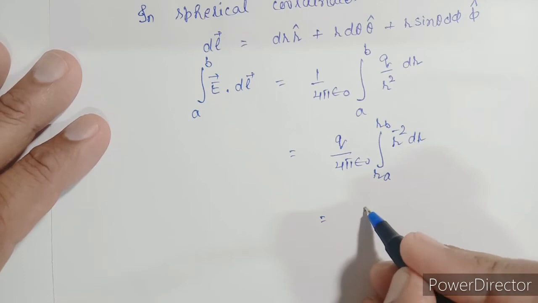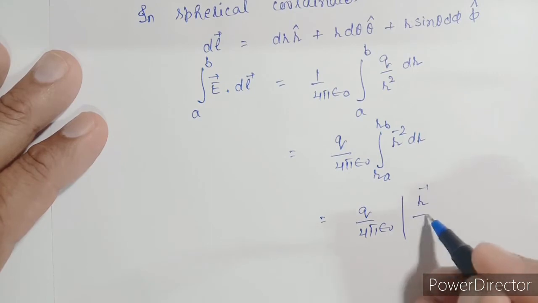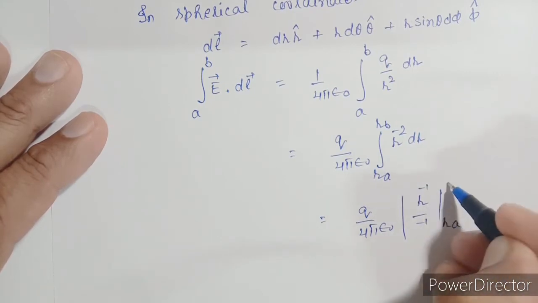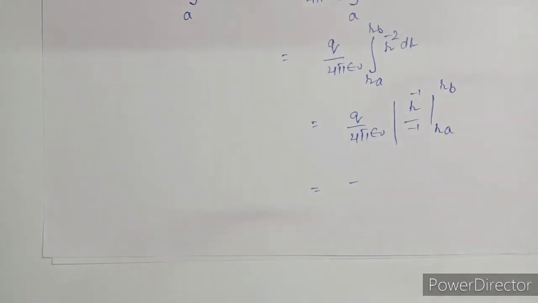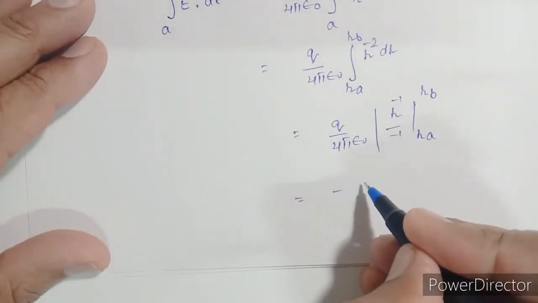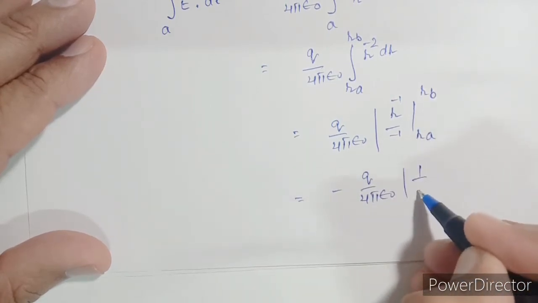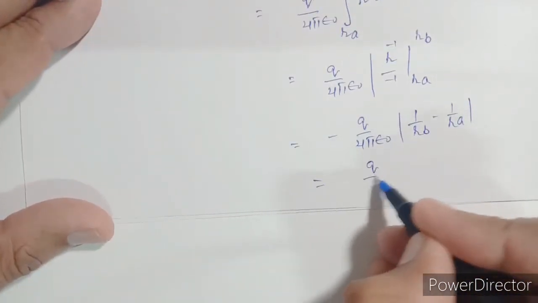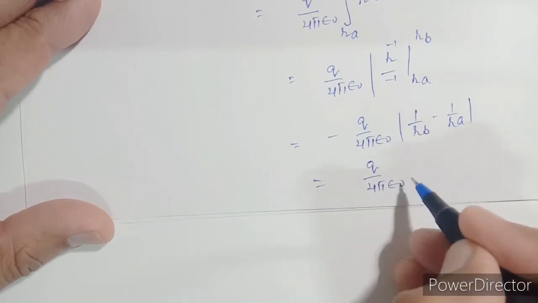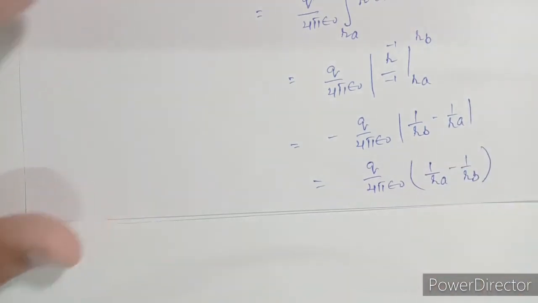So we can write here Q over 4 pi epsilon naught times R to the power minus 1 over minus 1 from RA to RB, and this is equal to minus Q over 4 pi epsilon naught times (1 over RB minus 1 over RA), or Q over 4 pi epsilon naught times (1 over RA minus 1 over RB).